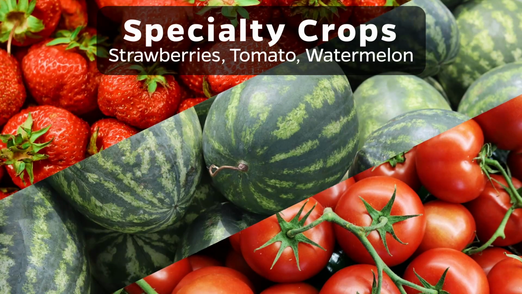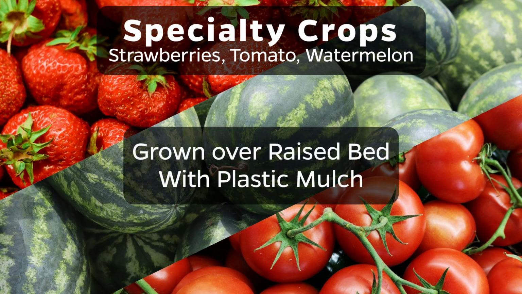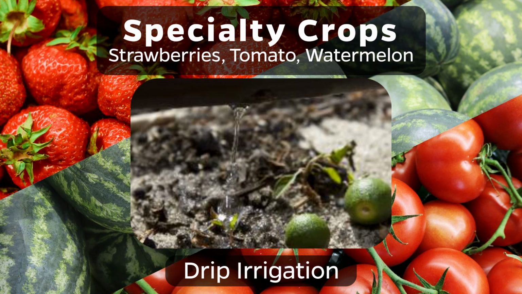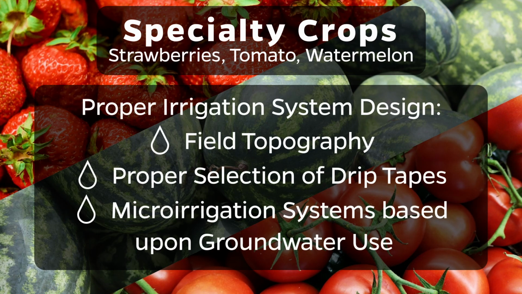Specialty crops such as strawberries, tomatoes, and watermelons are generally grown over a raised bed with plastic mulch and irrigated using the drip irrigation systems. These crops require the use of proper irrigation system design based upon the field topography, and require the proper selection of drip tapes or micro irrigation systems based upon the crop water use in a specific growth stage of the crop.